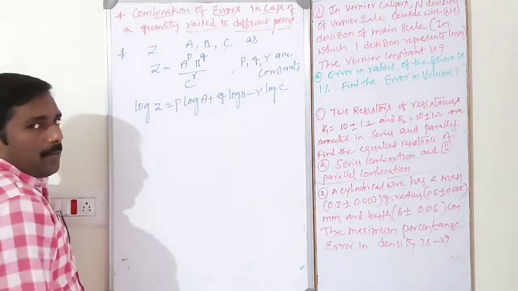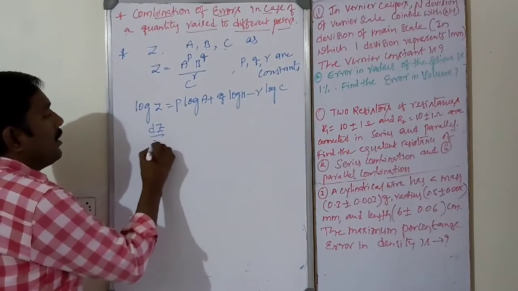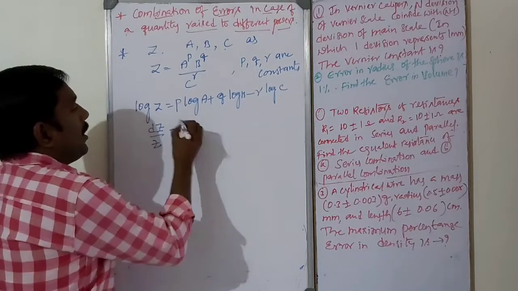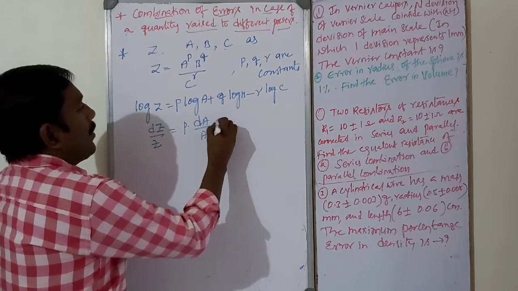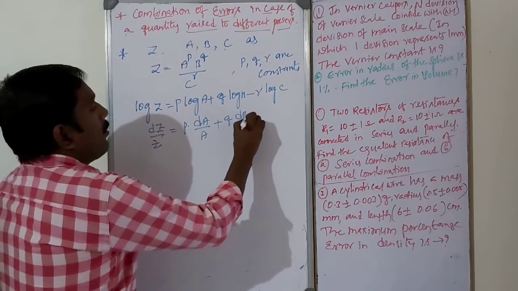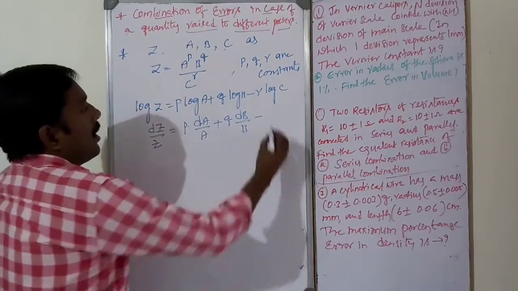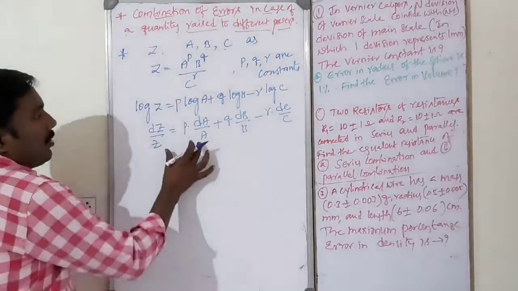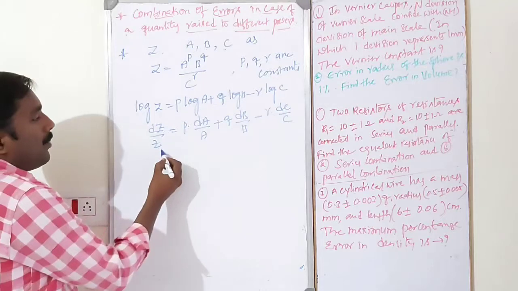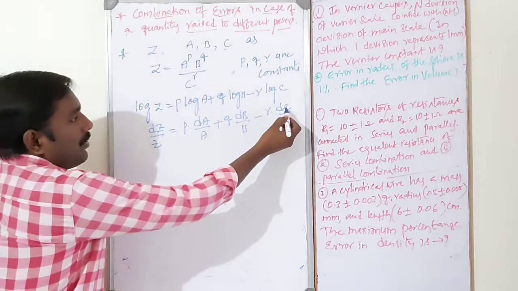Then differentiate the above equation, that is dZ by Z is equal to P into dA by A plus Q into dB by B minus R into dC by C. So after differentiation, dZ by Z is equal to P into dA by A plus Q into dB by B minus R into dC by C.